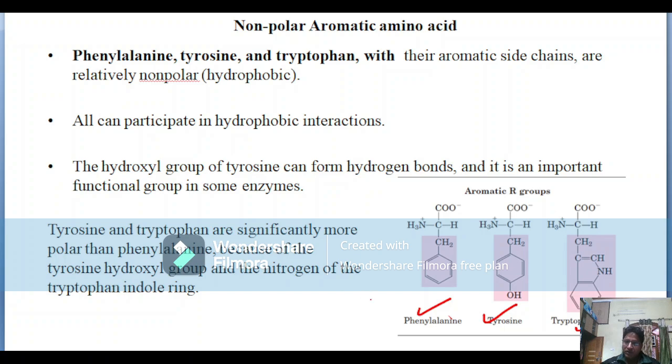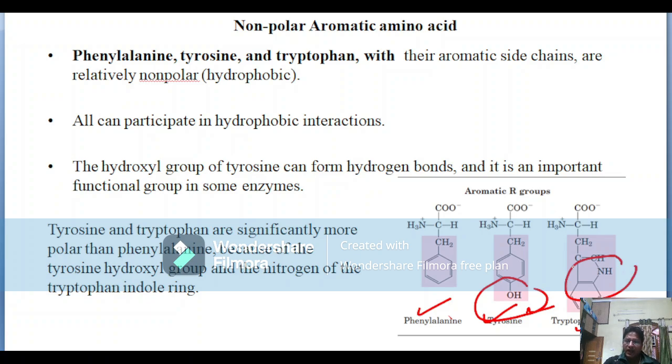because tyrosine contains this hydroxyl group, it can form a hydrogen bond, and it is found as a functional group in many enzymes. And tryptophan also contributes some polarity, because of the nitrogen in the indole ring.